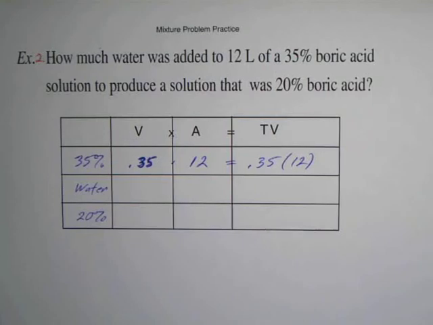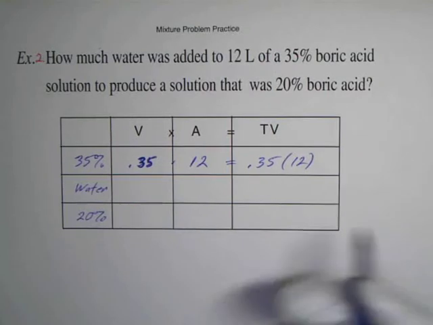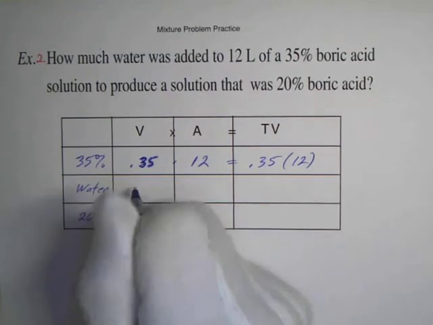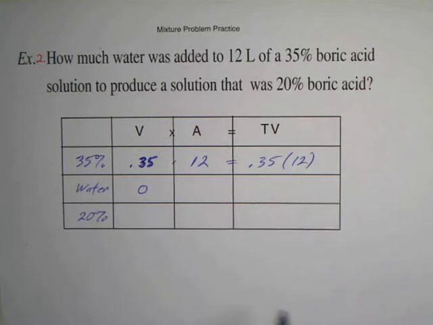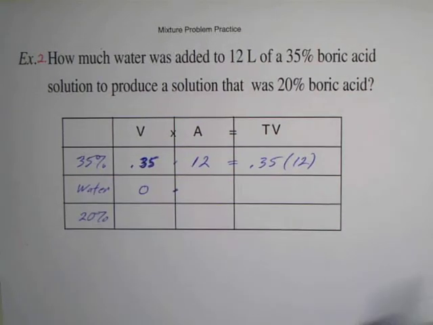And we're going to dilute it, so we're not going to change that amount. We're going to add water, but the water has no boric acid, so the value of the water is 0. Now we're going to add some water to that, and we don't know what that's going to be, so we'll call that X liters.